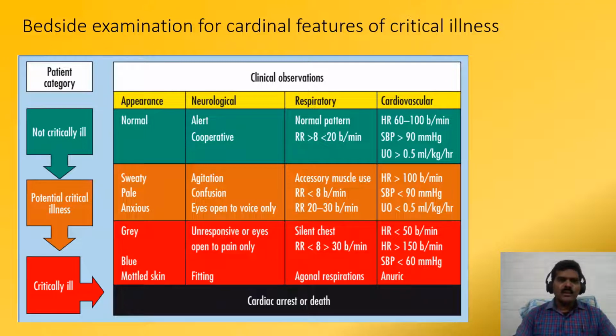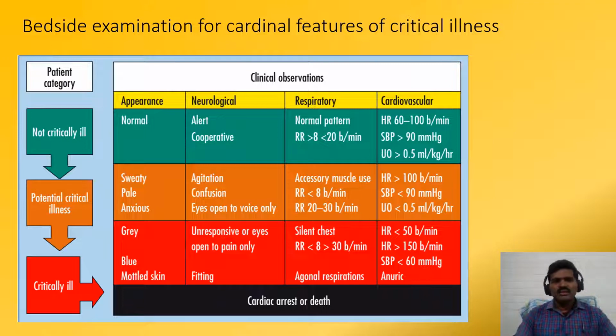When it comes to potentially critical illness, these patients will not be normal in appearance. They will be either sweaty, pale, or looking anxious. When you examine the neurological system, they will be agitated or confused, eyes open to voice only. When you are not talking to them, their eyes will be closed and they will look sick.